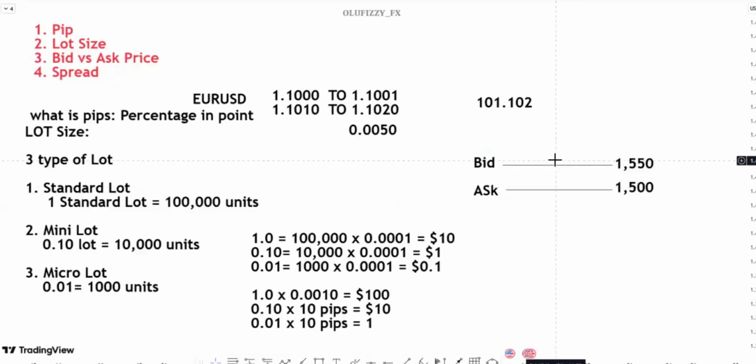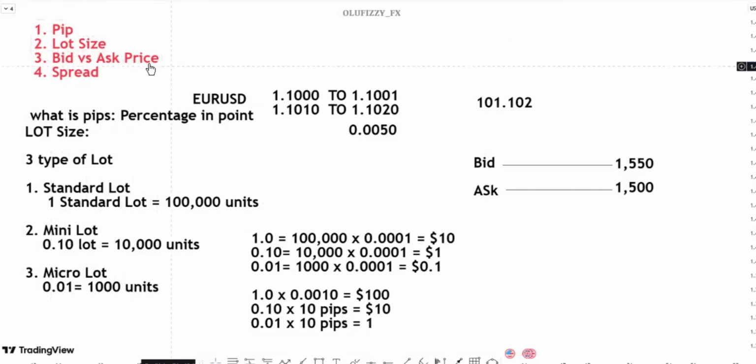And for some zero spread accounts, they will charge you commission instead of spread. If you have a zero spread account, they will charge you commission straight instead of charging you spread. So that's for the pips. The pips is the movement of price, while lot size is the size of the trade you want to open, and that's going to determine the amounts you're going to be making based on the movement as price moves from one region to another.